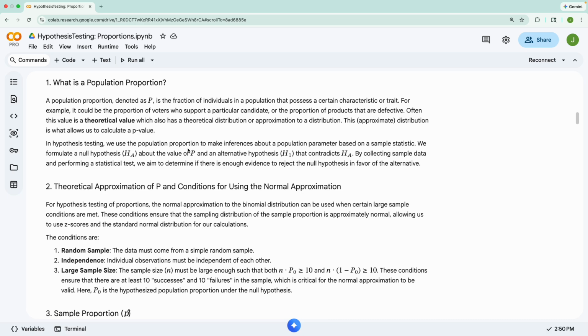Now, to be able to assess it, we have to calculate a p-value, and that becomes very important to know the theoretical distribution of this population proportion.